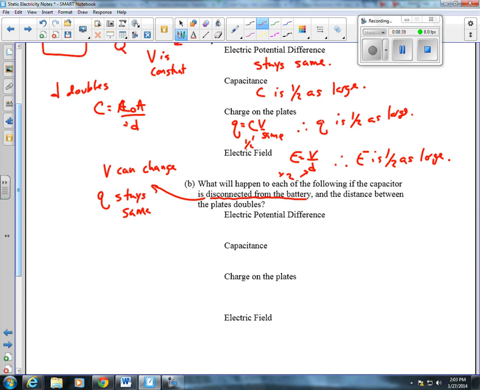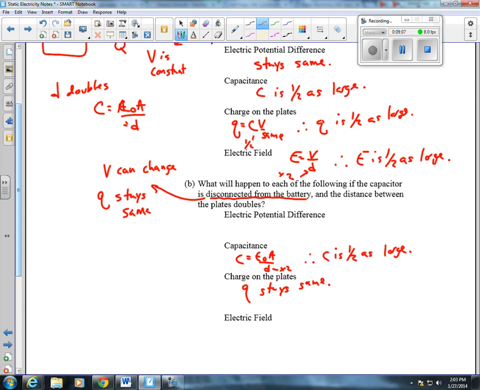So charge stays the same. V is going to change, and I have to figure out how. The capacitance, again, is C equals epsilon naught A over D. If D doubles, it's going to put a 2 on the bottom, so therefore C is half as large.